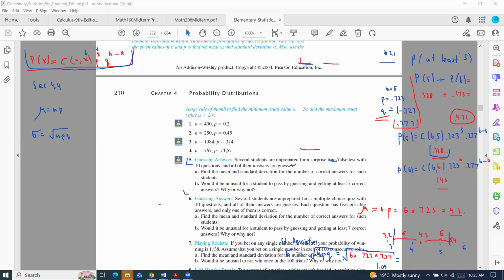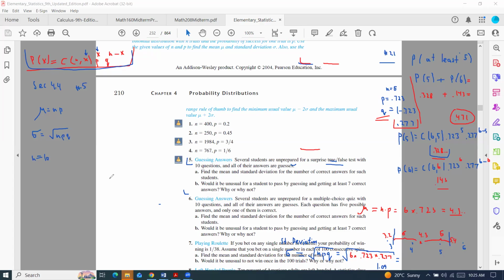So here it's just straightforward, with a little story to entertain us. Exercise number 5 deals with a multiple choice, or actually true-false test, with the number of questions equal to 10. So the number of questions is always going to be n, which is 10.